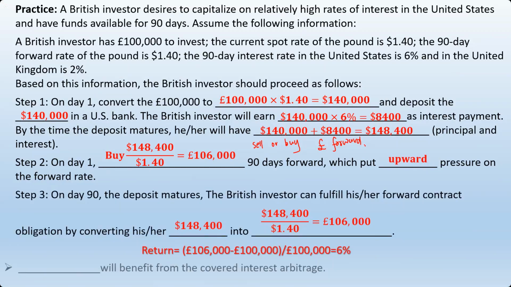The return is 6%. Okay, who benefits from the interest rate arbitrage? Cal. Would it be the UK? So the UK investor will benefit from the covered interest arbitrage.